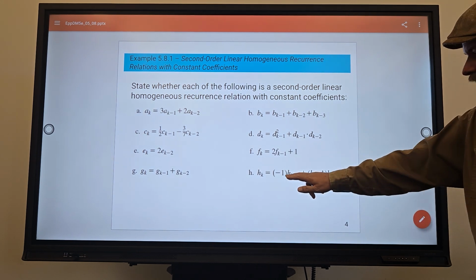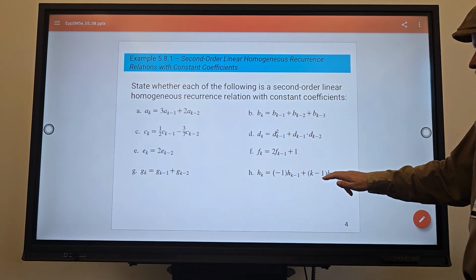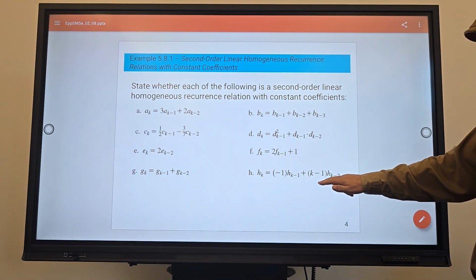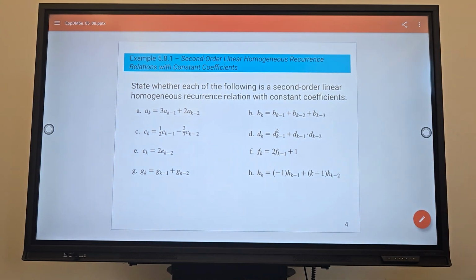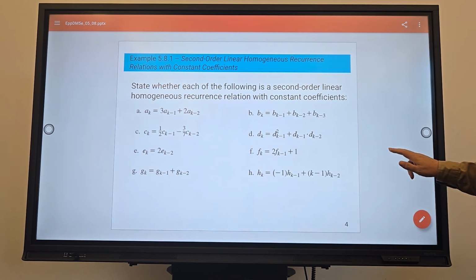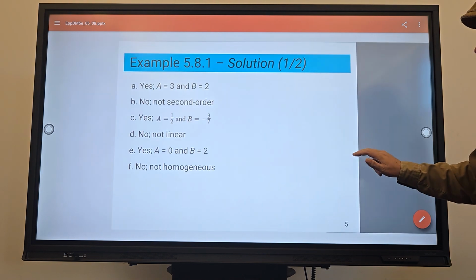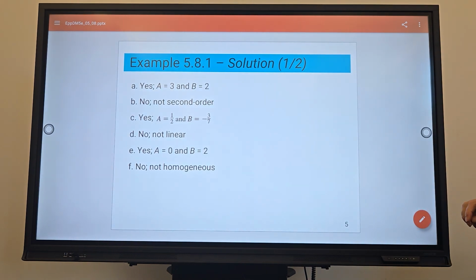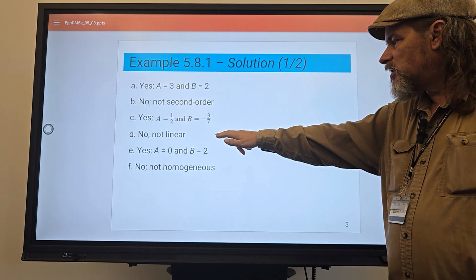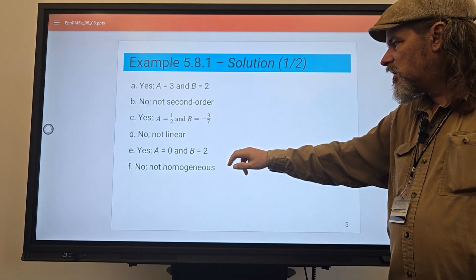H, the terms A and B are not constant. B is dependent on k, therefore it is not. It does not have constant coefficients. So yes, not second order, no, not linear, yes.